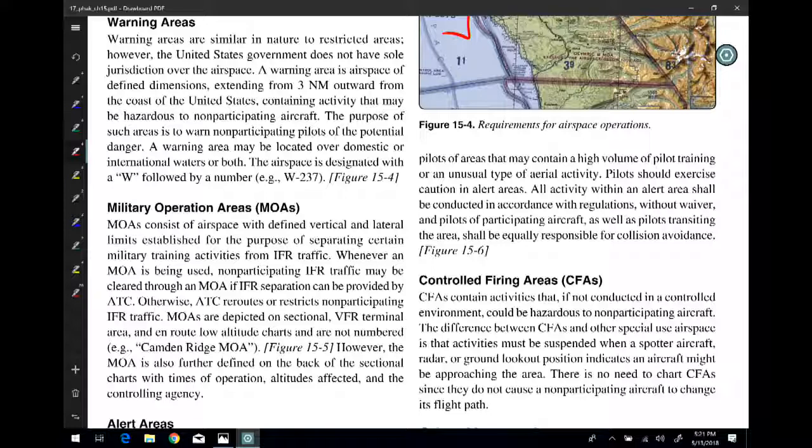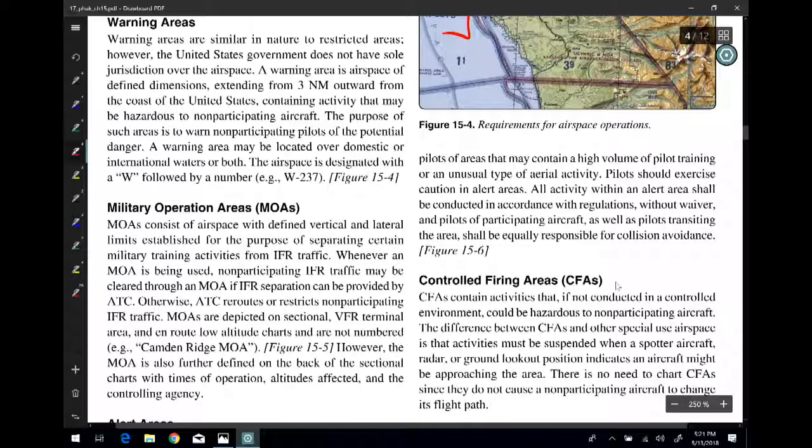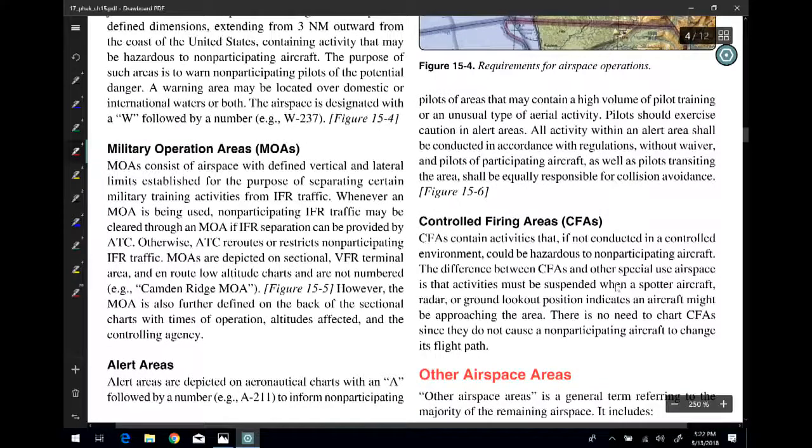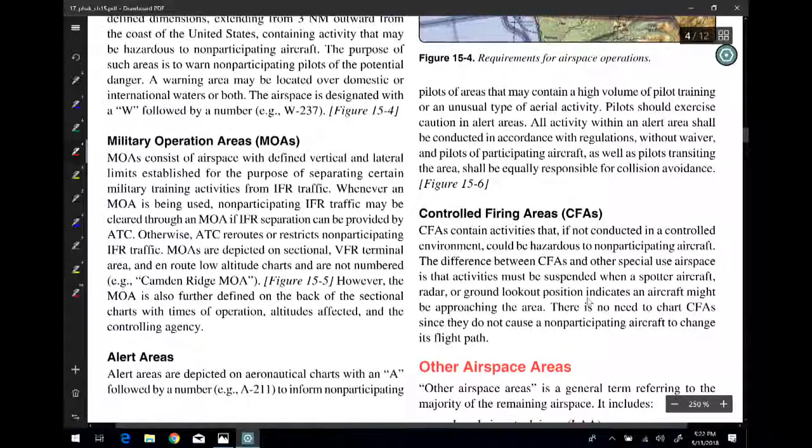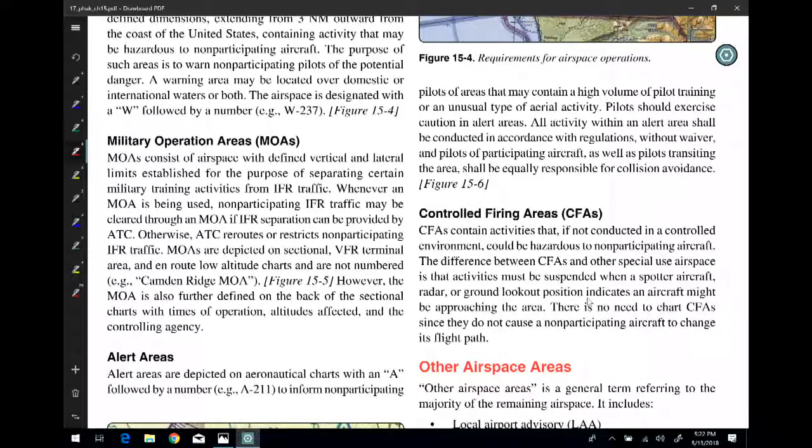Controlled firing areas, these are things where they're going to be launching projectiles downrange, and there are several of these in Colorado that I know of. I know of one just north of Canyon City, Colorado, west of Pueblo, and they have these controlled firing areas in there. Again, they're not doing it all the time, so they're going to be hot or cold. But when they are hot, that's not necessarily a place I'd like to be.